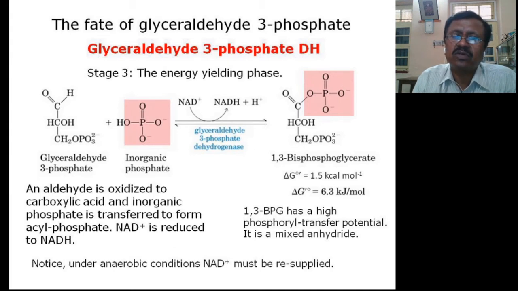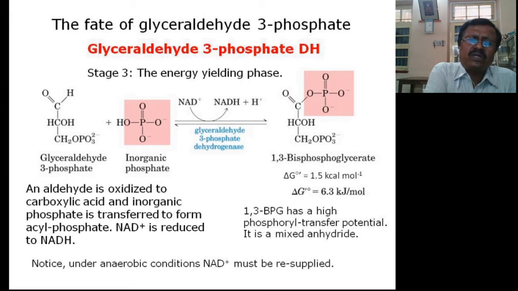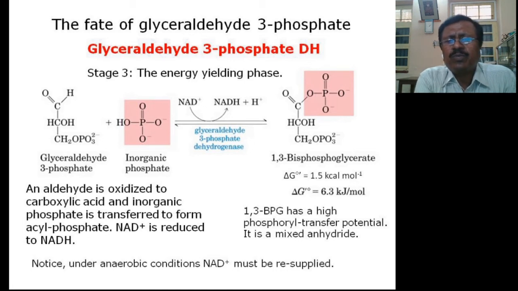The second stage of glycolysis is the payoff phase. The sixth reaction of glycolysis is catalyzed by glyceraldehyde 3 phosphate dehydrogenase. This enzyme catalyzes the oxidation of glyceraldehyde 3 phosphate, followed by phosphorylation, resulting in the formation of a high energy acyl phosphate bond.